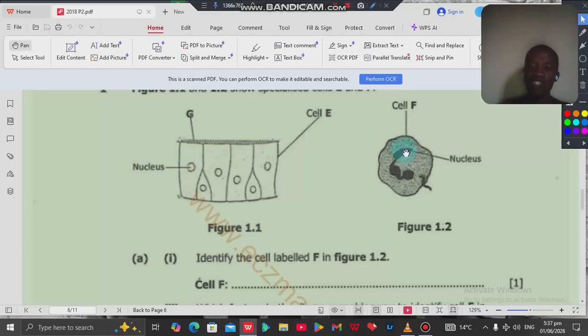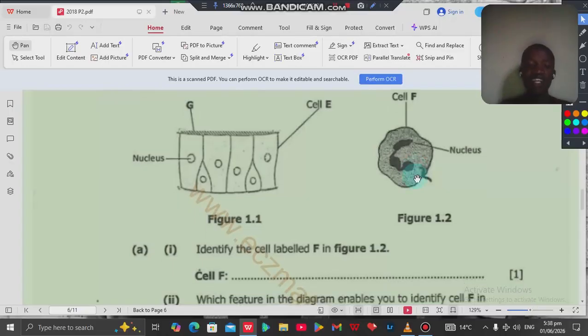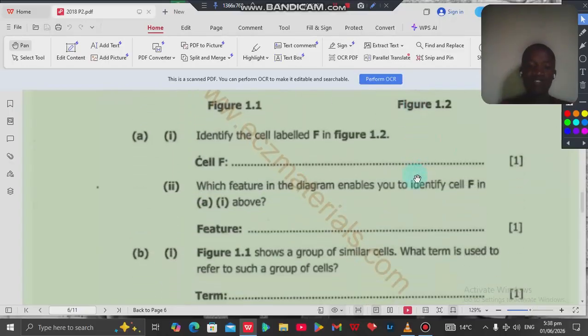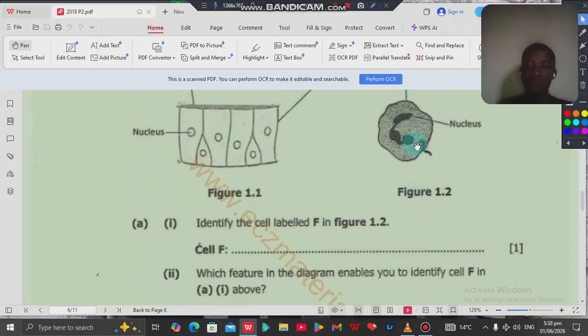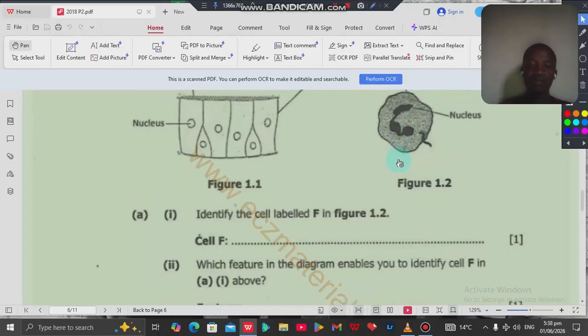As we can see, number one, it has the presence of a lobed nucleus. Apart from a lobed nucleus, we are also able to see this thing which is looking like a worm. So that is a germ that this cell is engulfing. All right, that is the feature that helped us. So you can either pick the germ that is being engulfed or the lobed nucleus that you can see here.